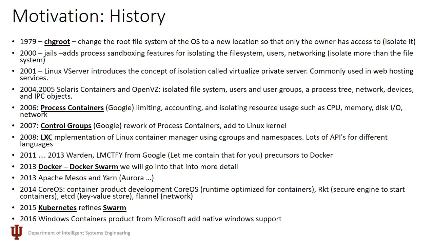This has also been enhanced by, for example, Kubernetes, which essentially refines the functionality of Docker Swarm, which allows you to use containers across multiple machines. And there was a long debate between using Docker Swarm versus using Kubernetes.